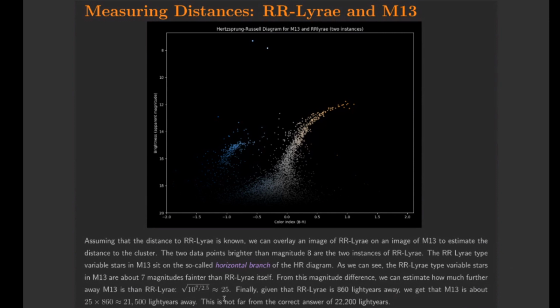This is telling us that, just using this data here, I would guess that M13 is about 25 times further away from us than RR Lyrae. And we know that RR Lyrae, I said it on the previous slide, was 200 and some parsecs. Translate that to light years: RR Lyrae is 860 light years away.